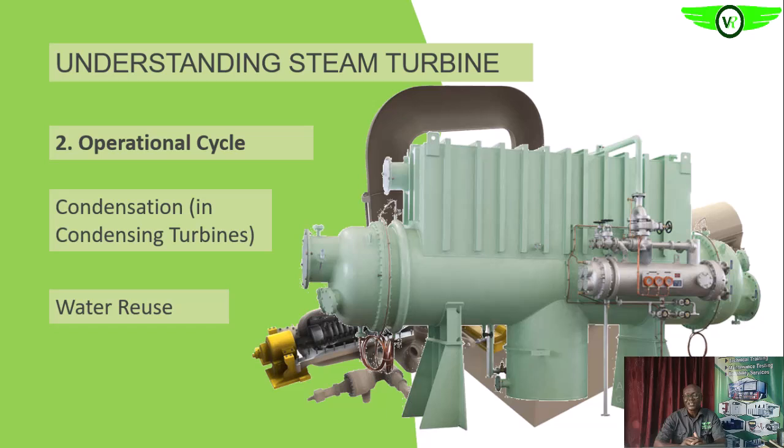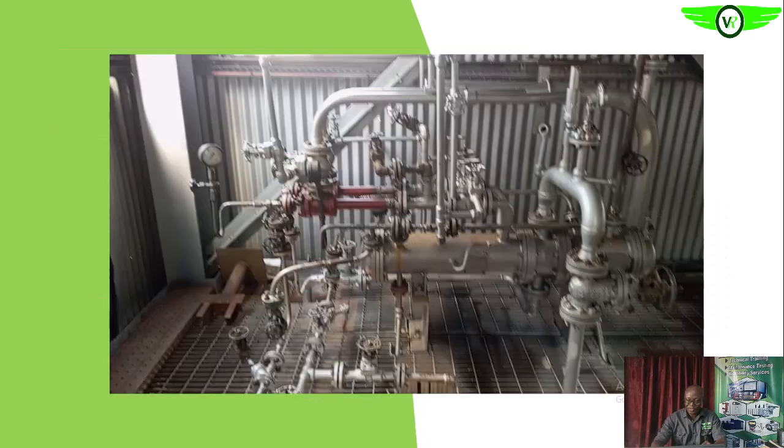Since the condensate will be sent back to the deaerator and back to your boiler, there won't be any need to treat more water. It's just the makeup water that you need to treat. Are we getting it? And add to your system.